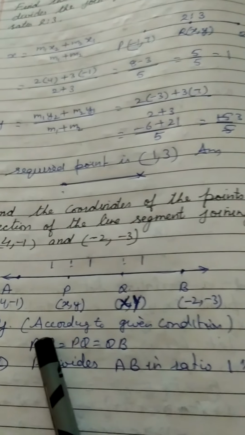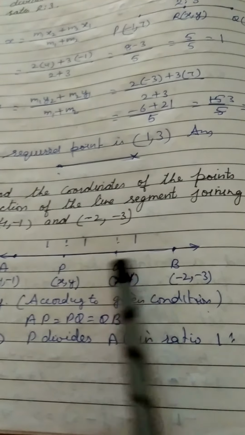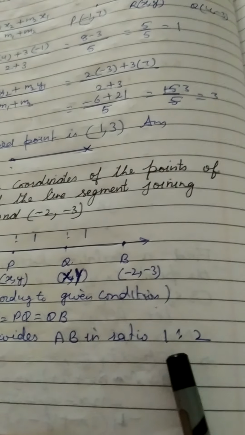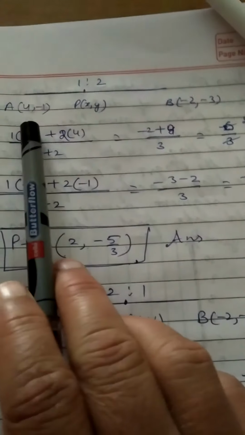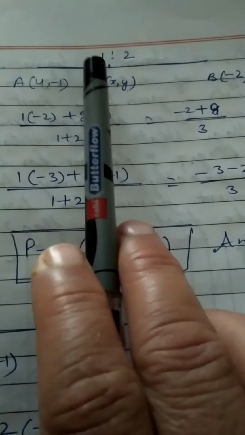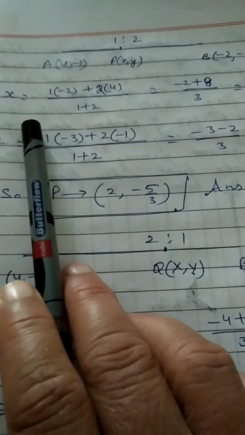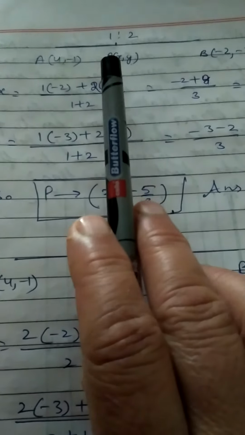Clearly, according to the given condition, AP is equal to PQ is equal to QB. Means these are the 3 equal parts. Then P divides AB in ratio 1:2. Then the coordinates of P will be (x, y).